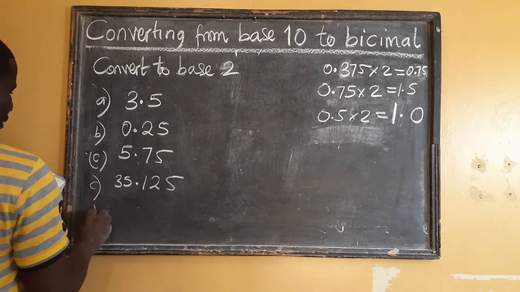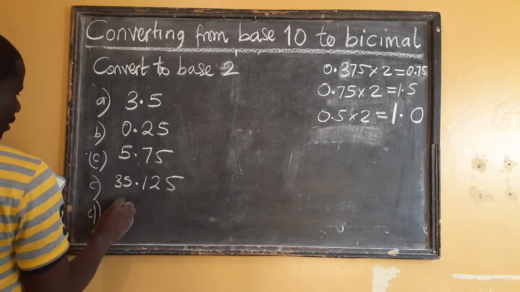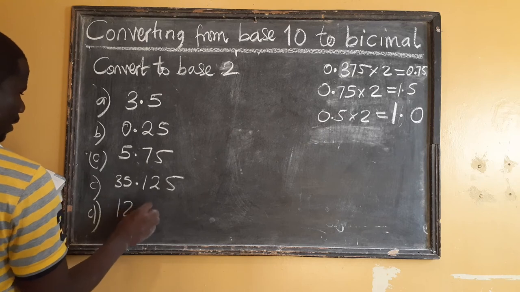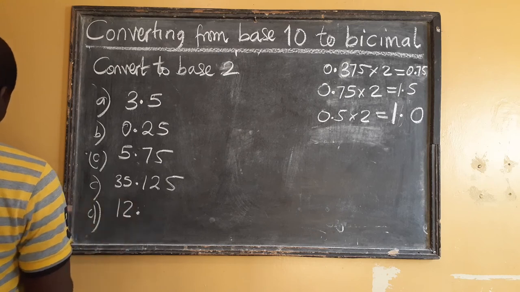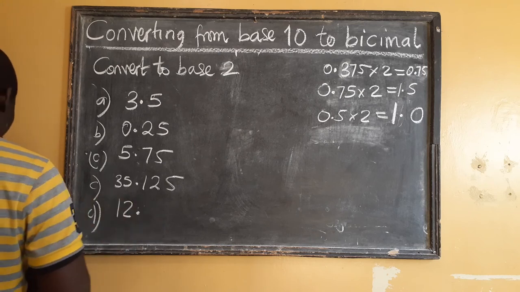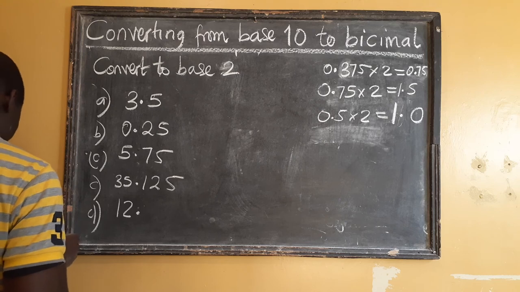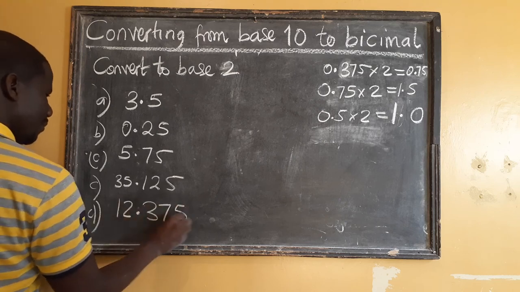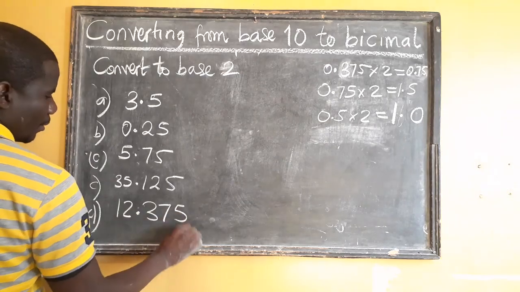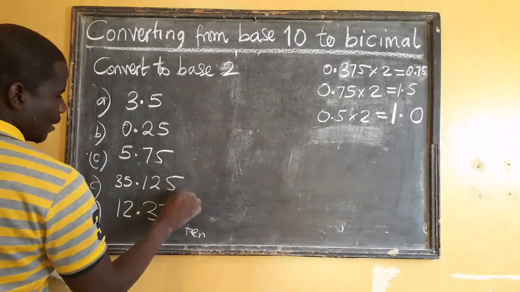G can have 12, comma 3, 7, 5. Okay, all these are in base 10.